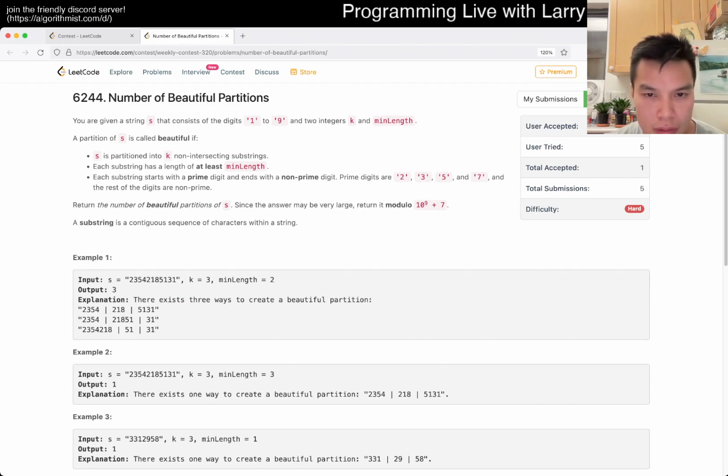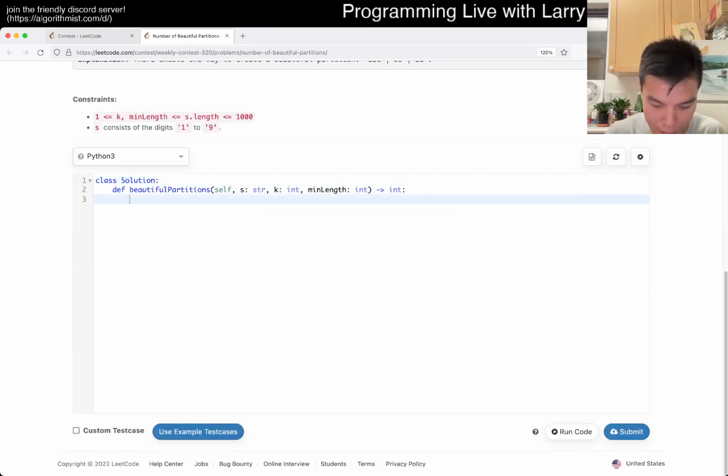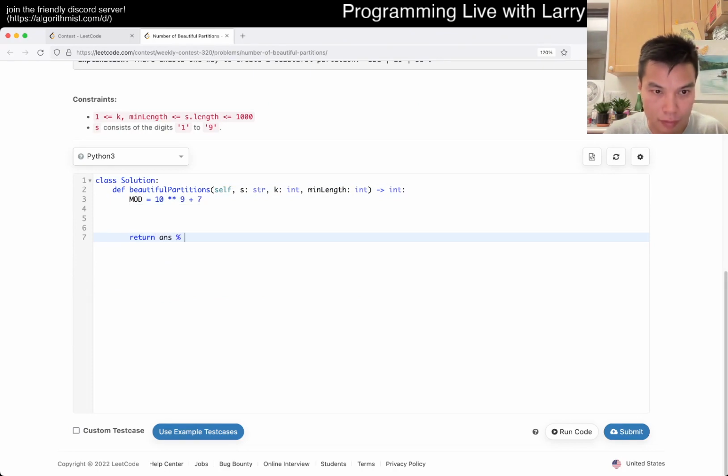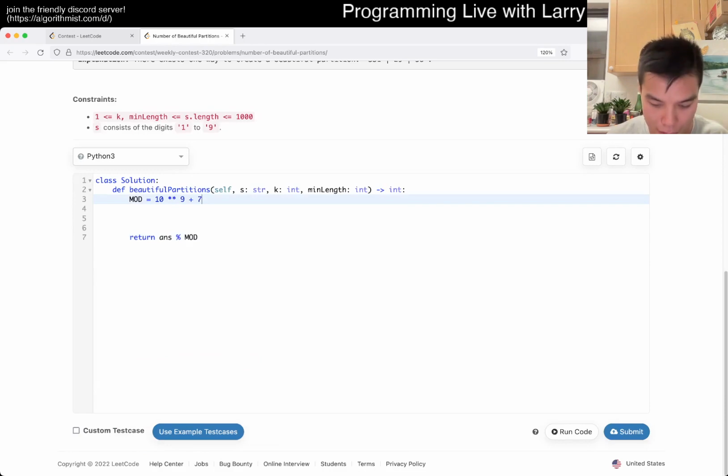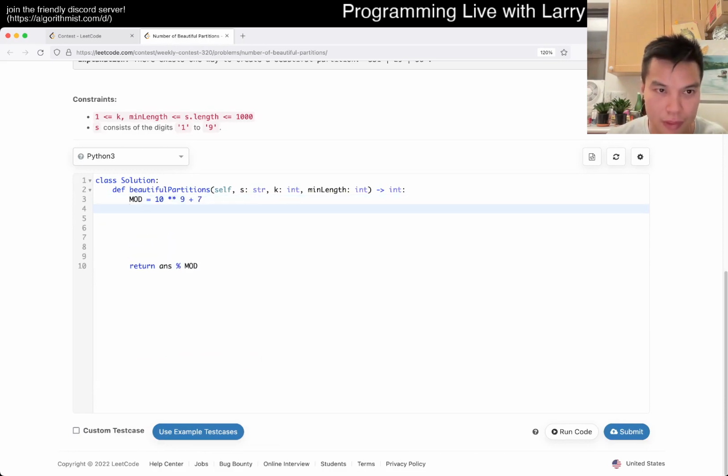Okay, mod. Prime digits are 2. Okay, fine.